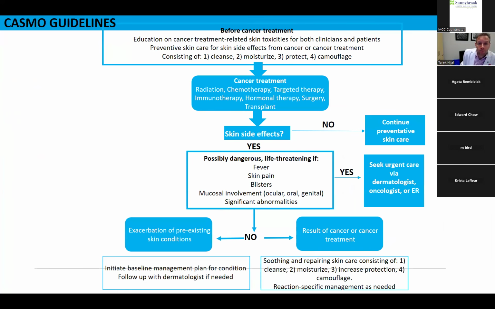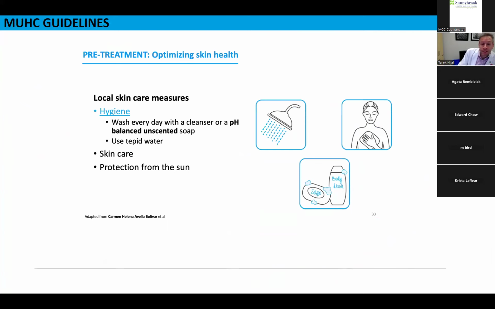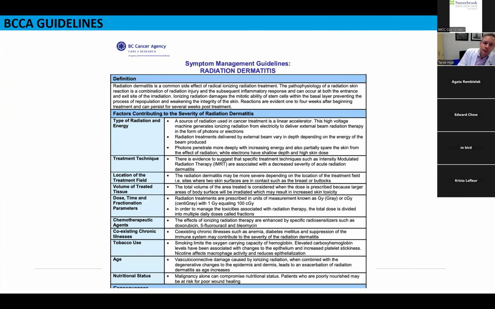These were their high-level guidelines, and we'll come back to the guidelines very soon, because all of these guidelines, to a certain extent resemble each other. These are our local guidelines at the MUHC. I'm just obviously showing one page. We can see the same being done in different provinces in the country, and that's, for example, the BC guidelines.